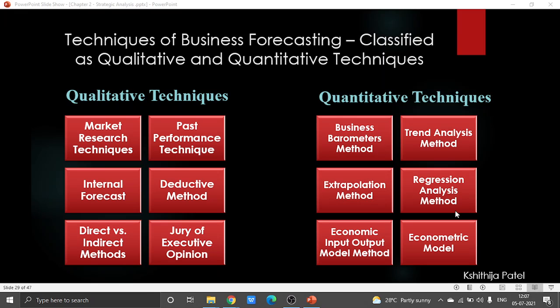Such techniques are called quantitative techniques, based on statistical methods of finding answers to questions, and all these methods depend on past data.